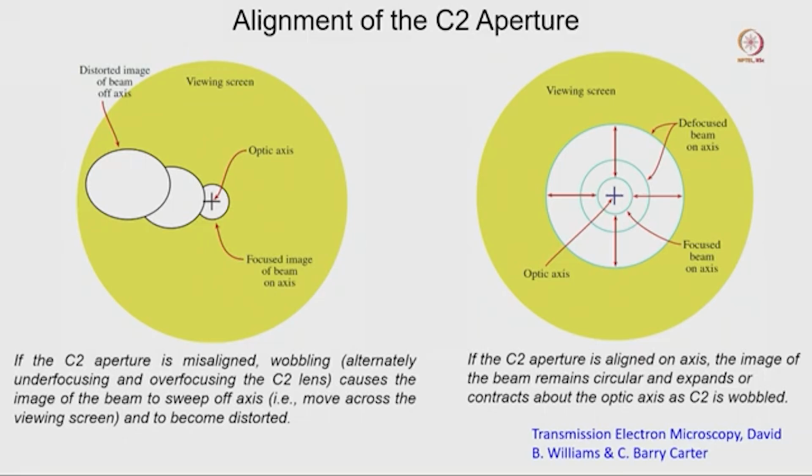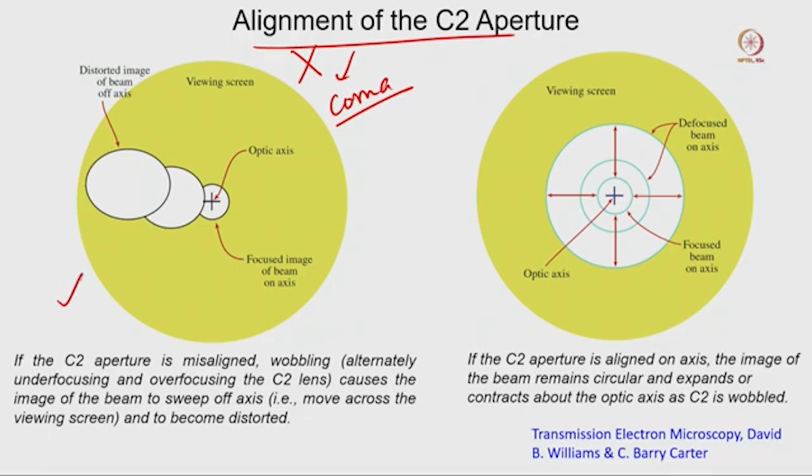Here I just want to show you one thing, this is our viewing screen. At this moment don't pay attention to this one, we'll come back and discuss it, because this thing is connected with our alignment as well as the coma. There is another aberration that is called coma. When we discuss the coma, at that time we will discuss this one.